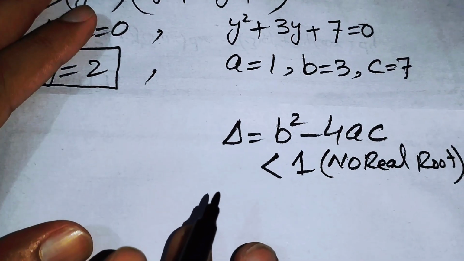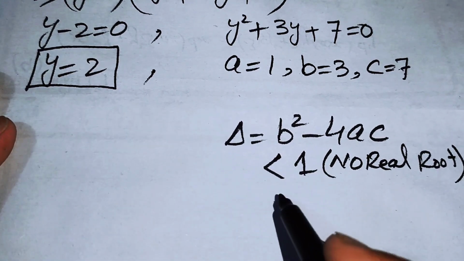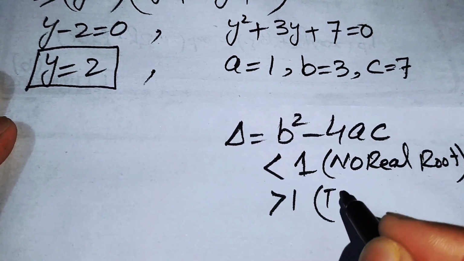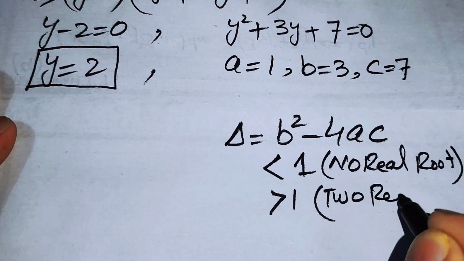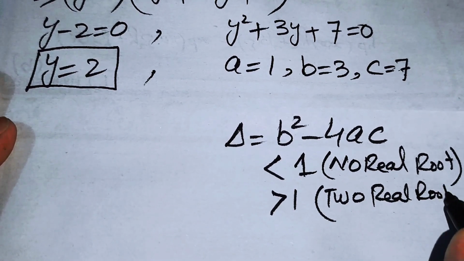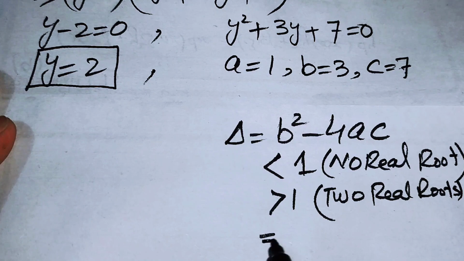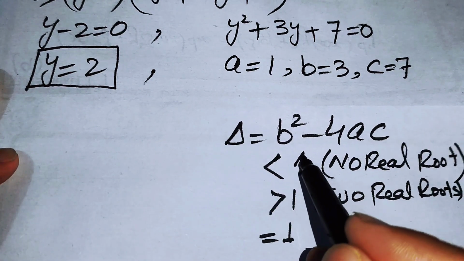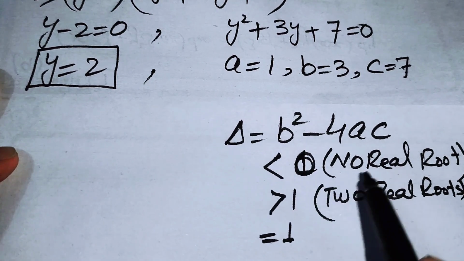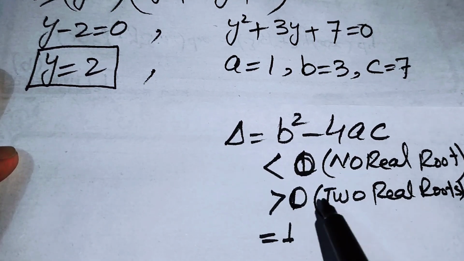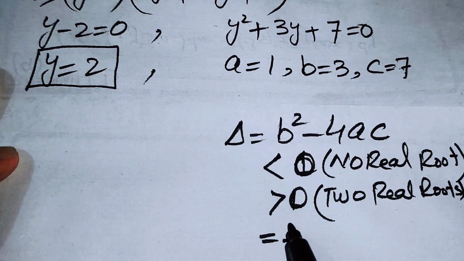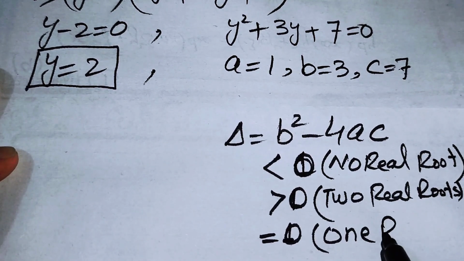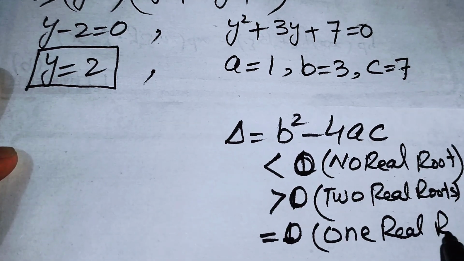If delta is greater than 0, then this quadratic equation has two real roots, and if delta is equal to 0, then it has only one real root.